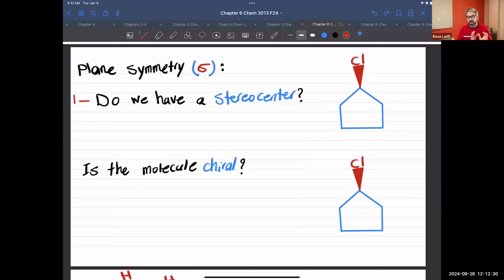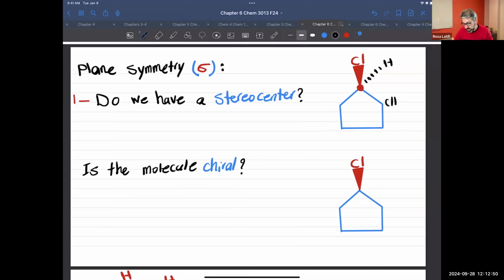But for now, we're going to look for the stereocenter, to see whether we have a stereocenter or not, and whether our molecule is chiral or not. This is the carbon that I'm talking about. That carbon is seeing chlorine, and there is hydrogen at the back of the molecule. What else?